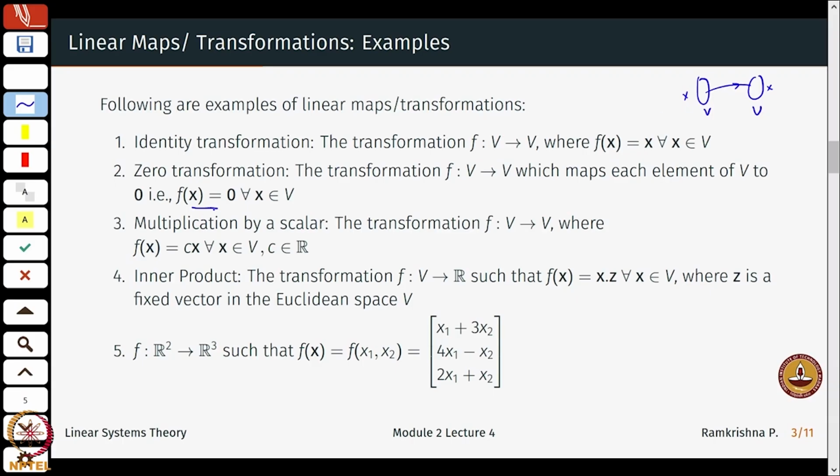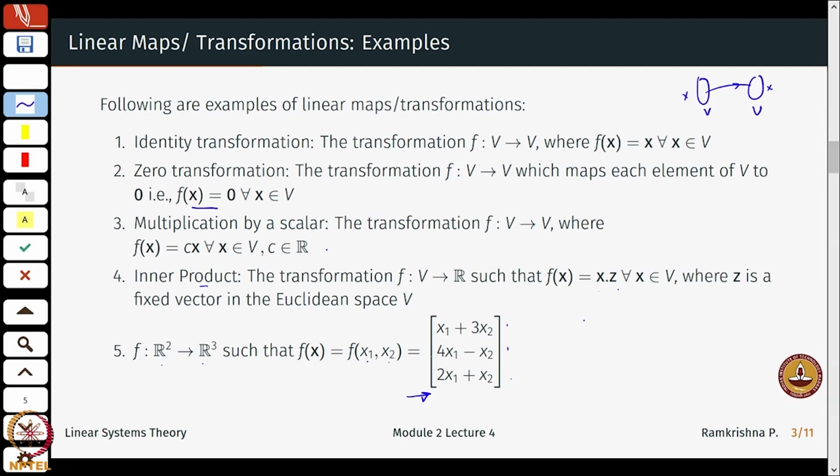Multiplication by a scalar is also an easier thing to check. The transformation defined by the inner product such that f of x is x times z is also a linear transformation. Similarly, if I look at different dimensional spaces, say a map going from R2 to R3, such that f of x takes two elements and gives me a 3-dimensional vector, such a map is also a linear transformation, right.